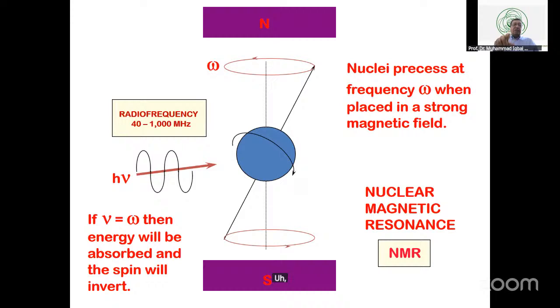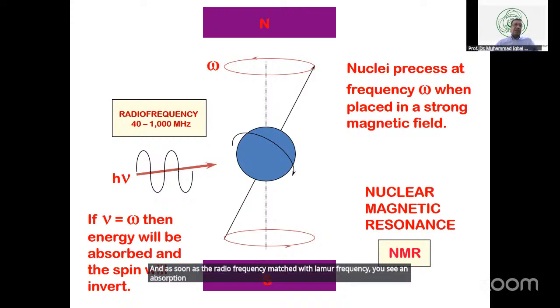And of course, if you wish to record this Larmor frequency, then perpendicular to this, you need to give radio frequency by a small little radio, which is called a radio frequency oscillator. And as soon as the radio frequency matches the Larmor frequency, you see an absorption, a signal.